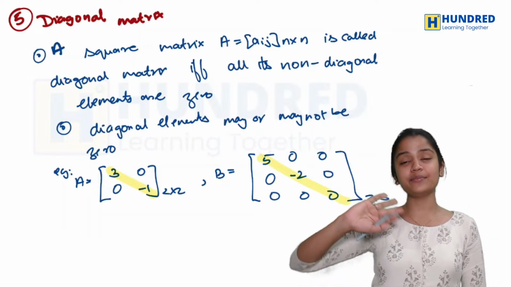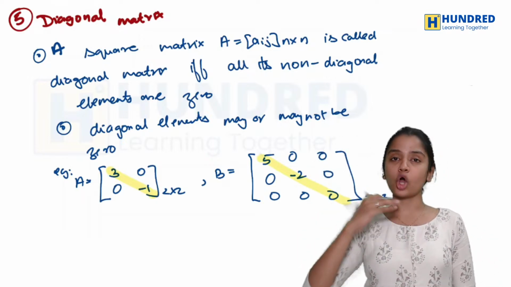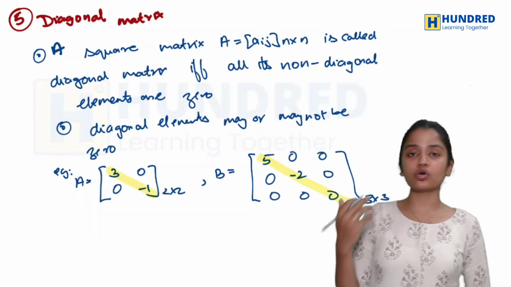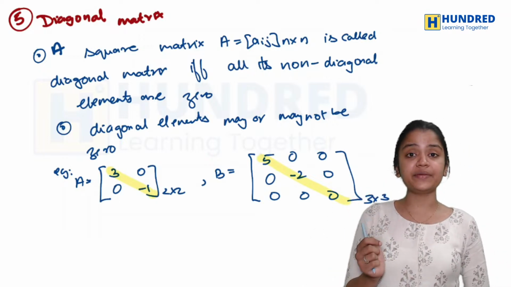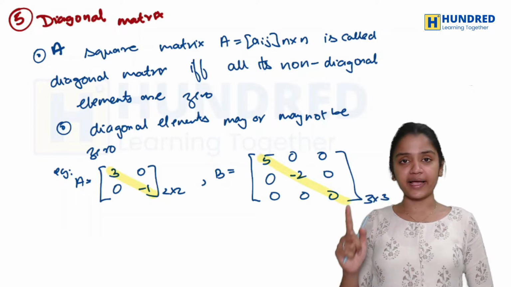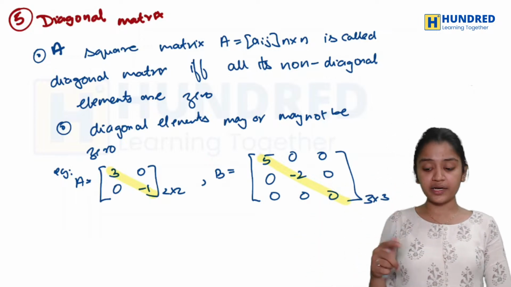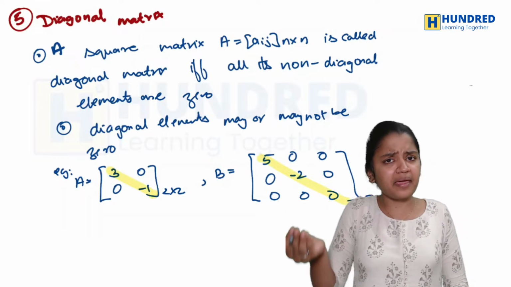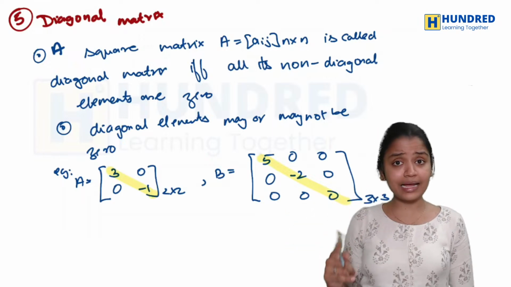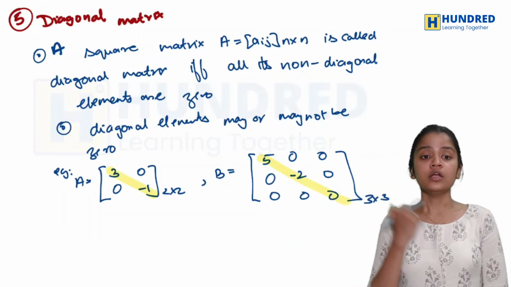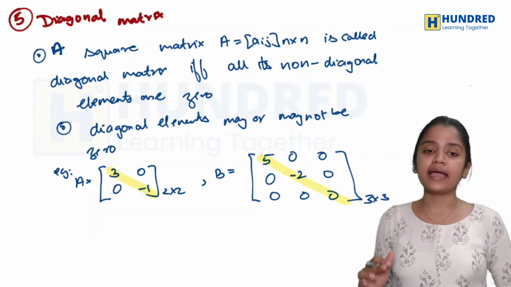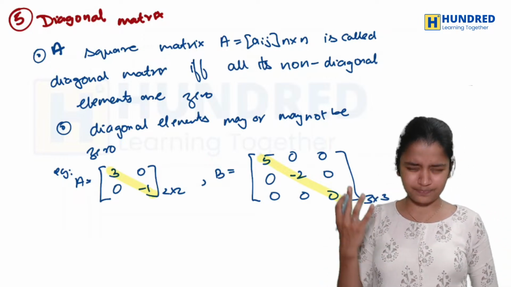The elements which are above and below the diagonal are non-diagonal elements. Those are 0. Now the diagonal elements are 5, minus 2, 0. I already told you the diagonal elements may or may not be 0, but other elements should definitely be 0. So this is a diagonal matrix example.